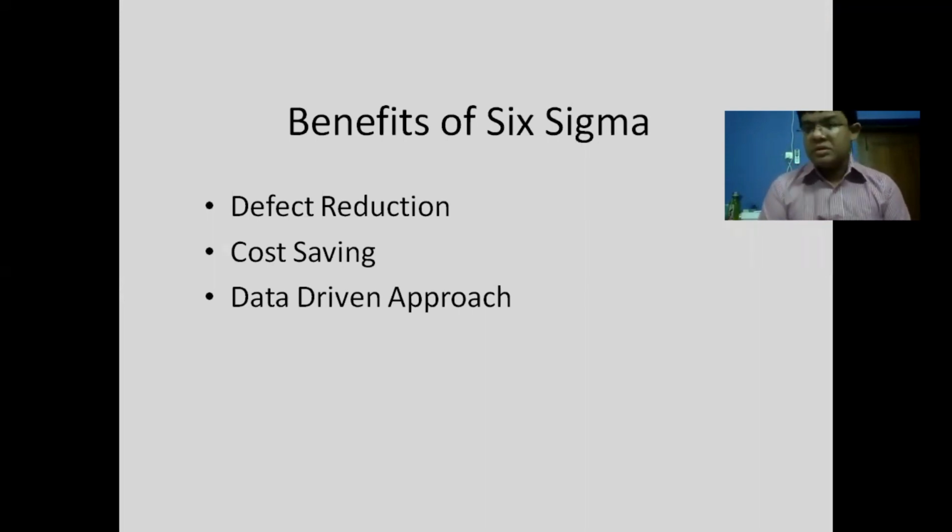If you reduce defects, cost will be saved, and it is a data driven process. It means that you will talk with your stakeholders with numerical and statistical evidence, not vague claims. So the Six Sigma process is a good and efficient approach to convince your stakeholders.